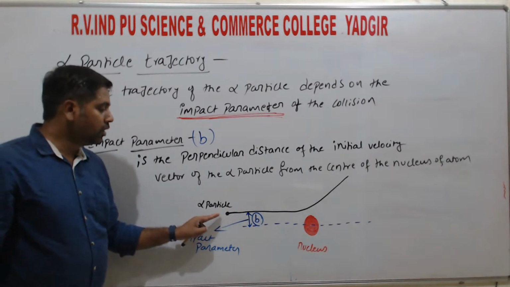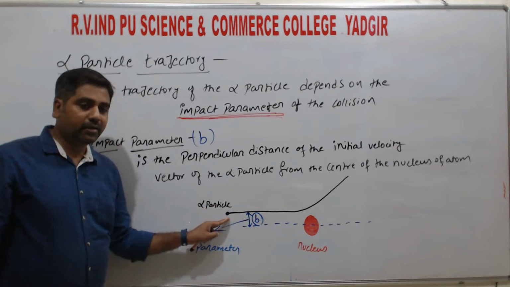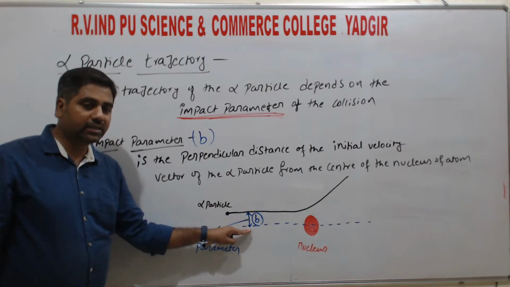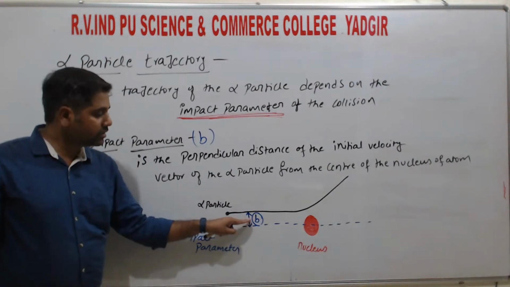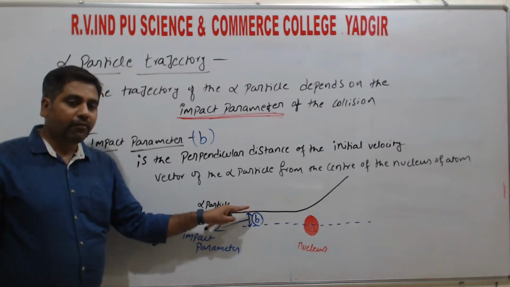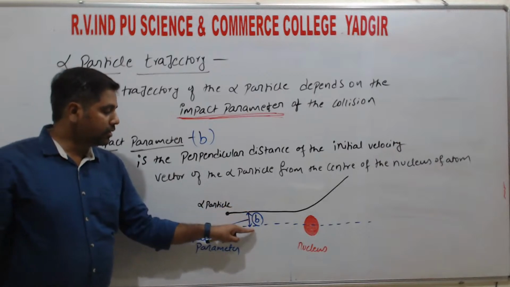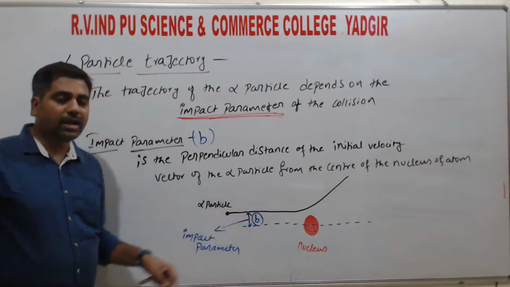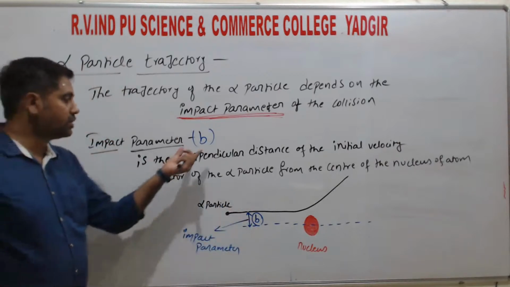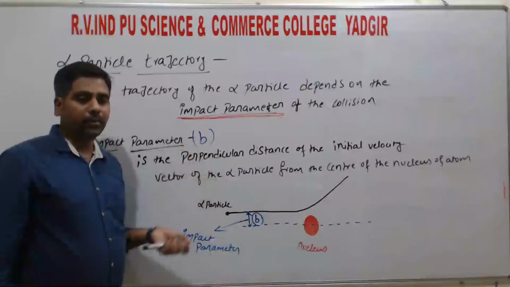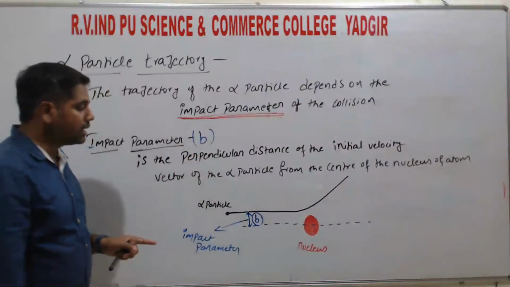So understand this one. So alpha particle is here. The perpendicular distance from the center of the nucleus to the initial velocity vector of the alpha particle, that distance we call the impact parameter, and it is denoted by B, right?